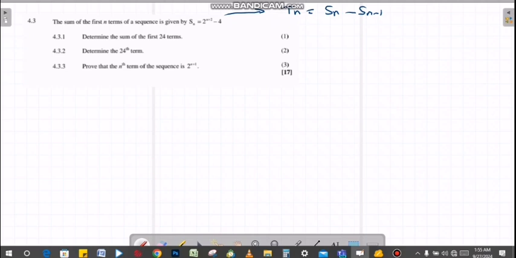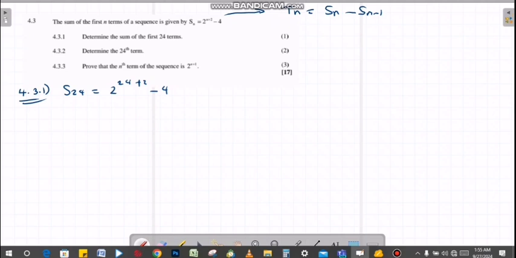First, they're saying 4.3.1: determine the sum of the first 24 terms. Okay, that's nice. Sum of 24, where you see n, put 24.